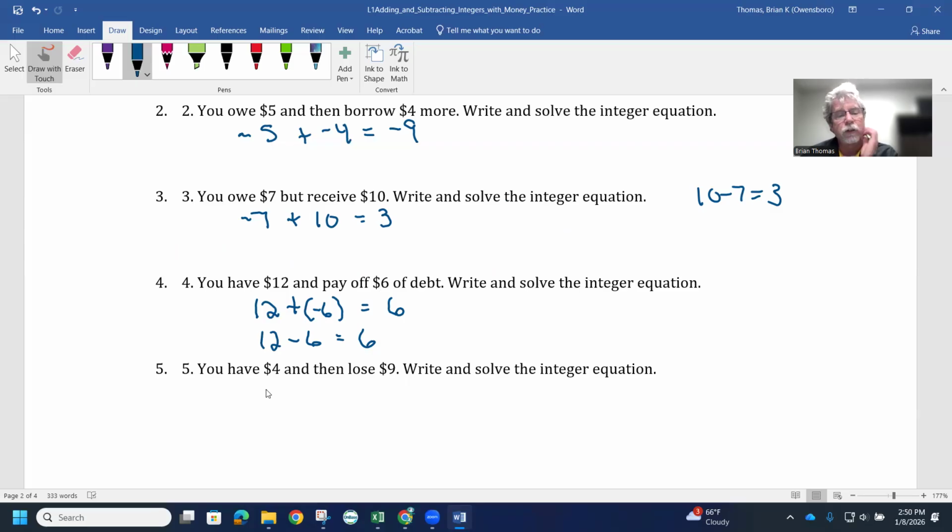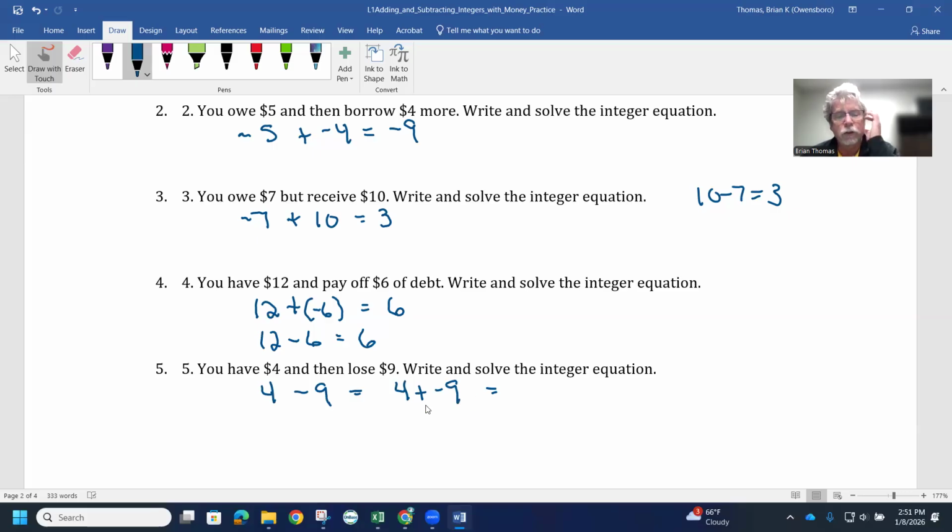So let's look at this next example. You have $4 and then lose $9. So if you have $4 and lose, that looks like you're going to be going down 9. So you're going to be losing $9. But notice how, if I look at this, this is really the same thing as 4 plus negative 9.